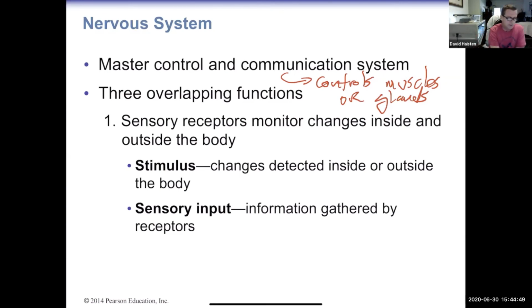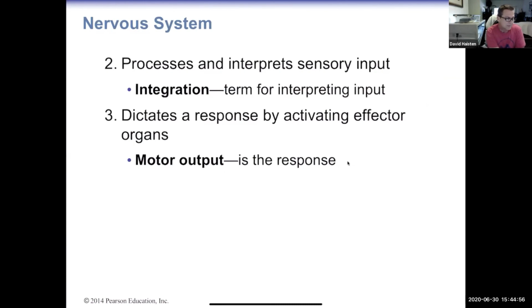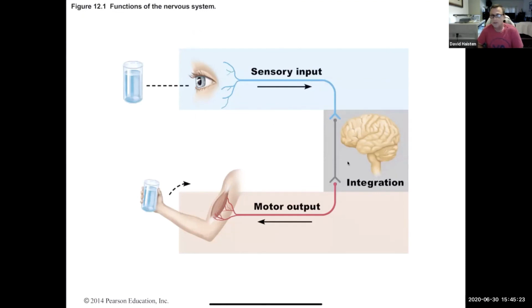Okay, stimulus, changes detected inside or outside. Sensory input, information is gathered by the receptors. It's sent to your central nervous system or an integration center. So there has to be processing and interpretation of the sensory input. So integration, that's the term for interpreting the input, which is going to send out a response by activating an effector organ. So the motor outputs the response. There's the big picture.